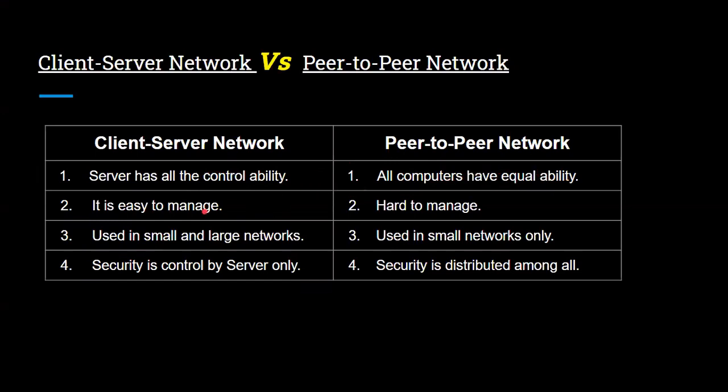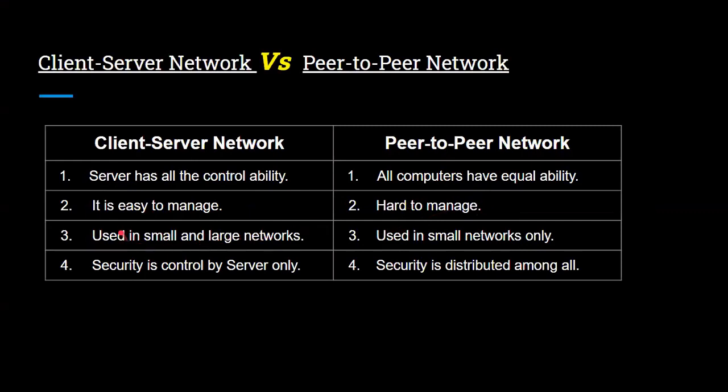Number 2, it is easy to manage, it is hard to manage. It means that in client-server network, server can manage client's computer easily, whereas in peer-to-peer network, it is hard to manage each and every computer connected in the network.